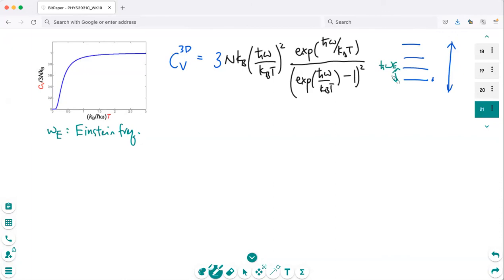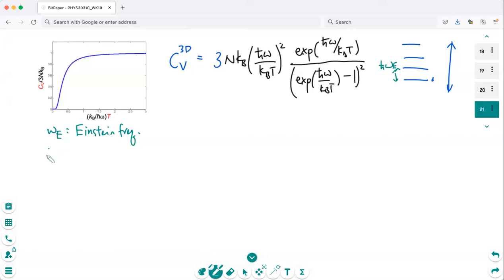But sometimes you don't really like to think in terms of frequency. This is not too natural for many people. It depends on your field. Okay, if you are doing experiment, let's say you go to the lab and do this kind of experiment, naturally you want to ask what is this spacing in terms of temperature.